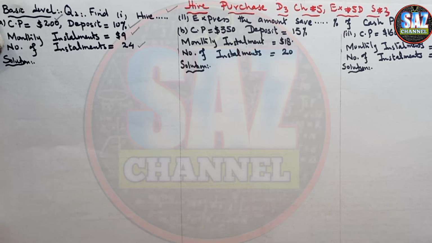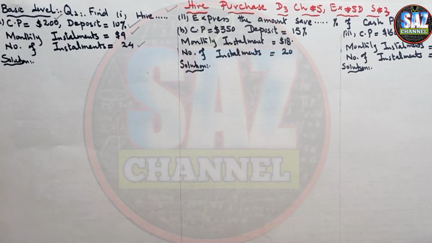In this question, we are not given the direct amount to pay as the deposit or down payment, whereas in the previous question, the down payment was already calculated and given. So first of all, we have to find the down payment.